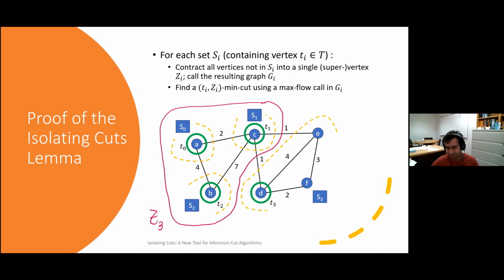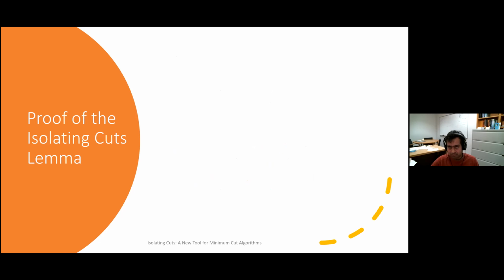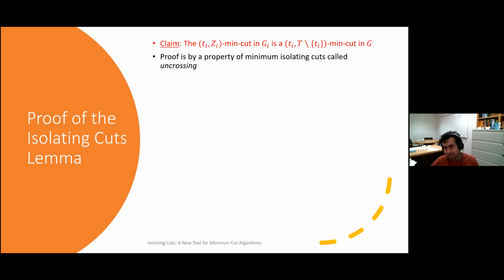Again, here's a depiction. All these three vertices will go into Z3, get contracted into a single vertex, and then we just run a T3 Z3 min cut. The main claim is that if I run such a Ti Zi min cut in this graph Gi, where I've contracted everything outside Si, then this is in fact a minimum cut in the overall graph that separates this vertex Ti from the rest of the terminals.